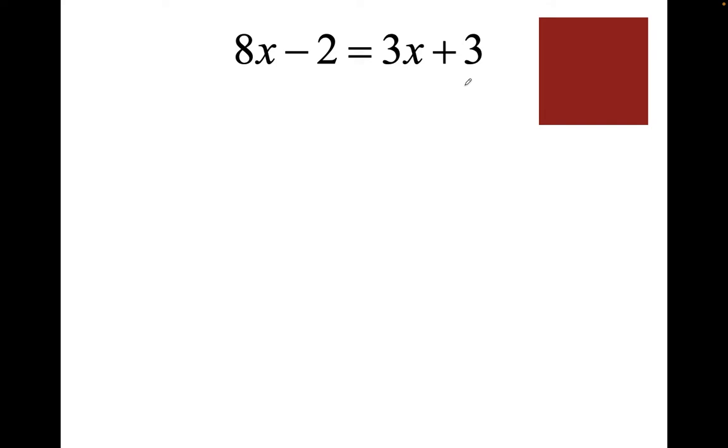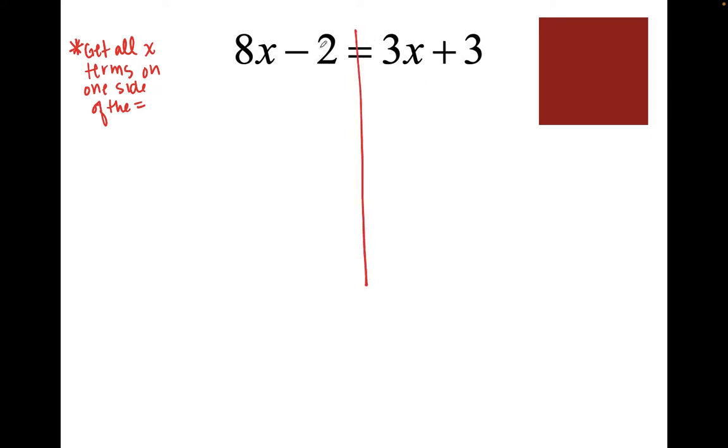So what we want to do here is our first step in solving these problems. Our number one step is to get all of the x terms, or whatever the variable is we're using, on one side of the equation.